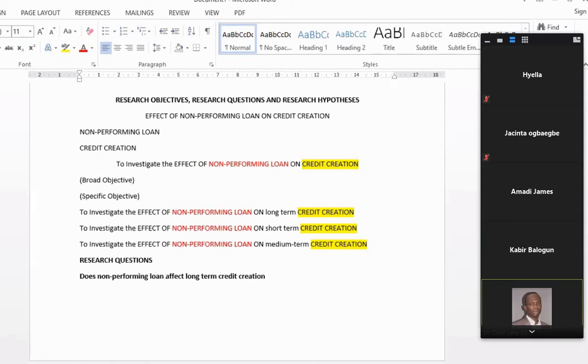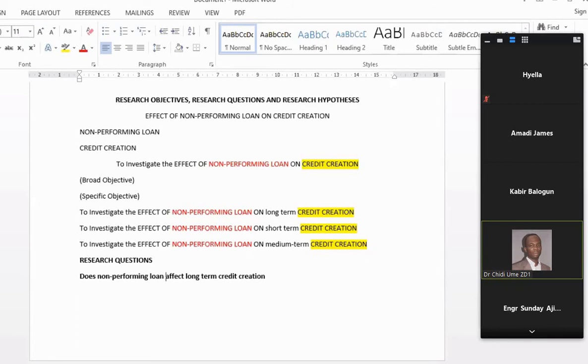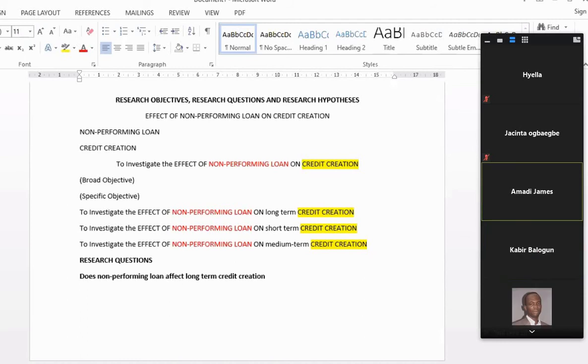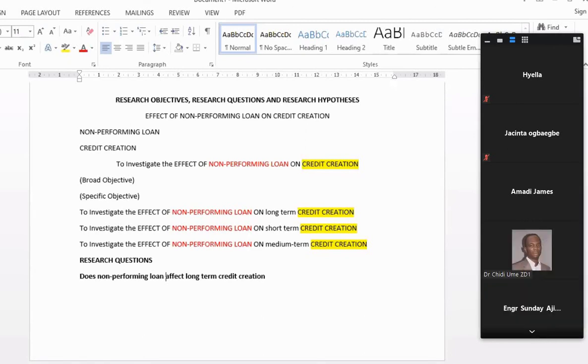Answer this question. Can someone answer the question? Non-performing loan affects long-term credit creation.